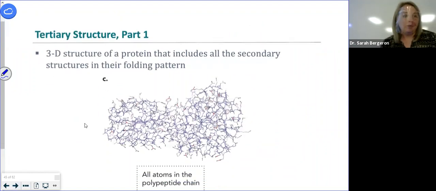Okay, so we have beta strands, we have alpha helices, we have all of those secondary structures. Now, the next step is tertiary structure.